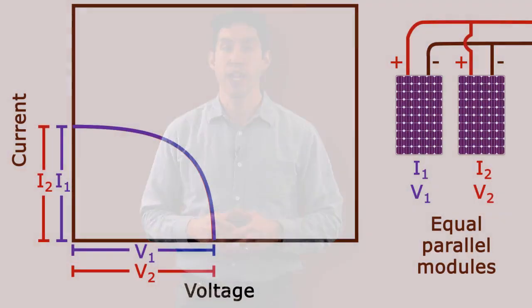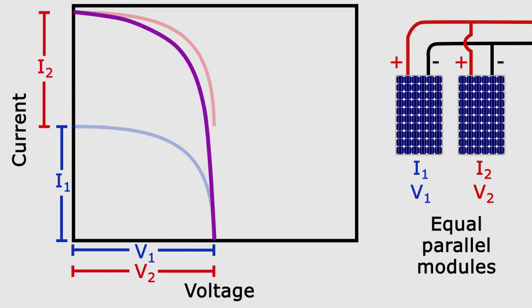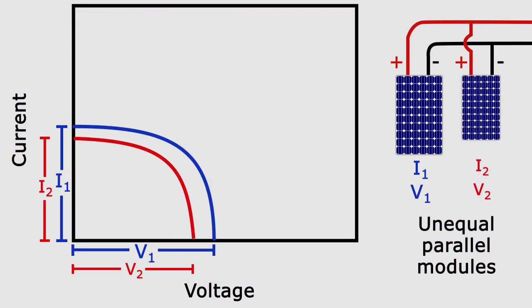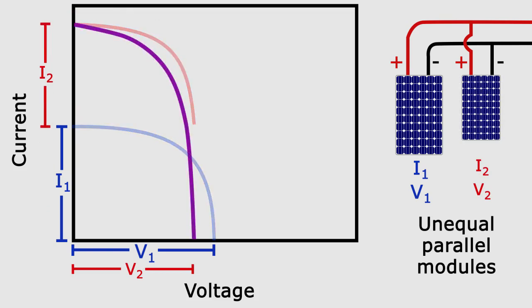If we wire modules in parallel, current is additive now, and the voltage is limited to the module with the lowest open circuit voltage. If we look at two modules with identical open circuit voltages, the current will simply add on top of one another. However, if we have two modules where the open circuit voltage differs, we're going to be limited by the module that has the lower open circuit voltage.